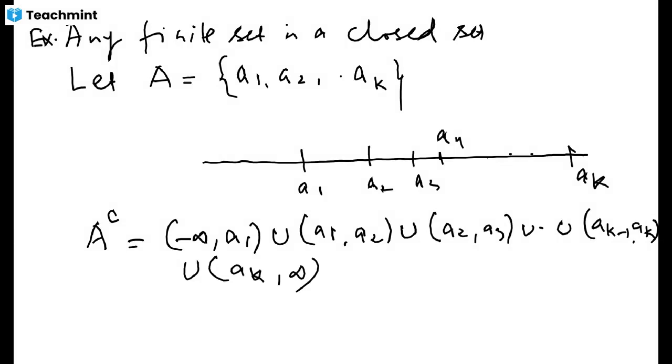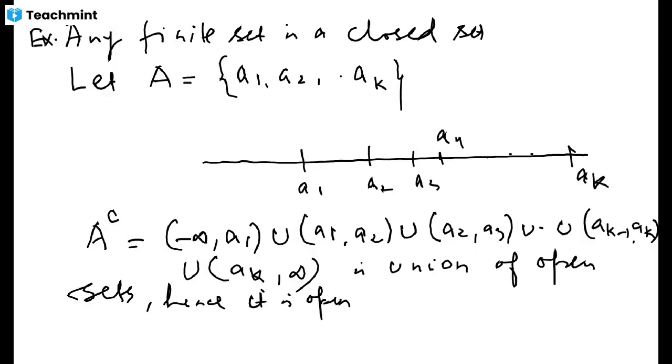And now this is a union of open intervals, and an open interval is an open set, hence it is a union. It's a finite union indeed, but in case of open sets, arbitrary union of open sets is open, hence it is open. And what is this? This is the complement of a finite set A, hence A is a closed set.